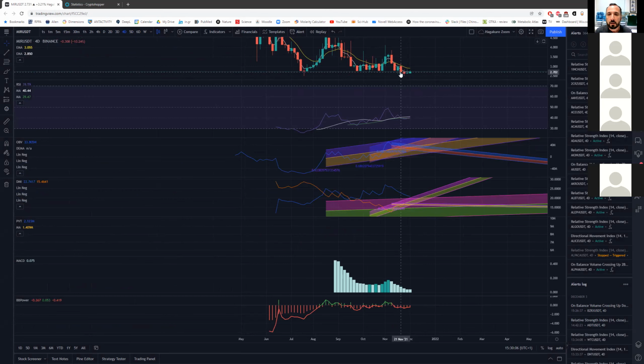Okay. And because the RSI was above the MA, and because the on-balance volume was on an uptrend, and because the DMI plus was also on an uptrend, and because it was near the end of an Elder Ray power.